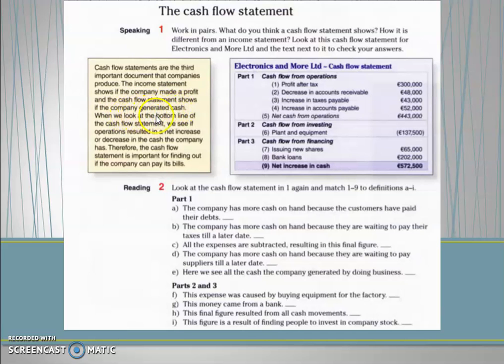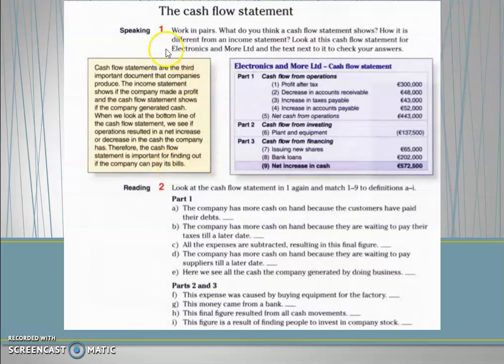When we look at the bottom line of the cash flow statement, we see if operations resulted in a net increase or decrease in the cash the company has. Therefore, the cash flow statement is important for finding out if the company can pay its bills.